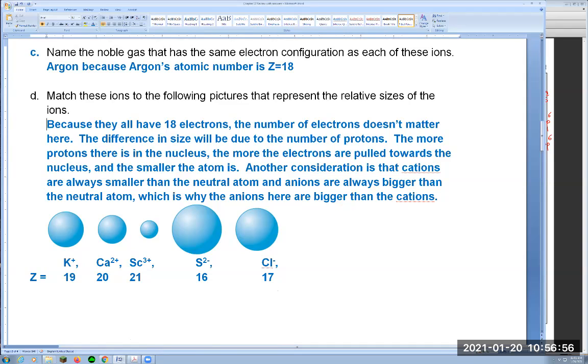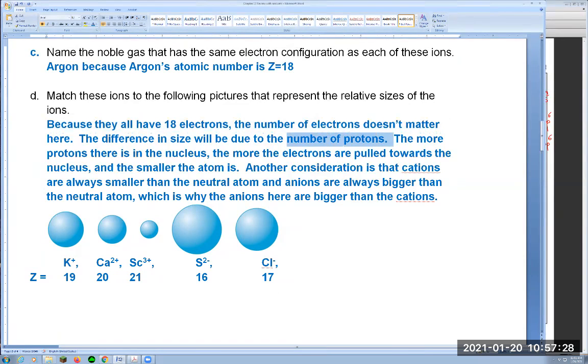So we have these blue spheres that represent the size of the ions, and you have to match the ion to the correct relative size. And because all these ions have 18 electrons, the number of electrons doesn't matter here, right? It's not what will determine their size because they have the same number. The difference in size will be due to the number of protons.